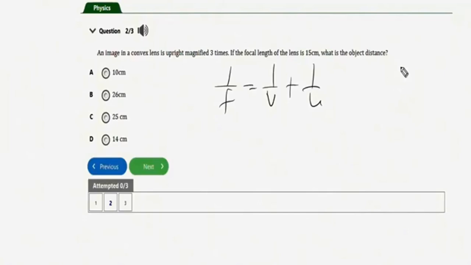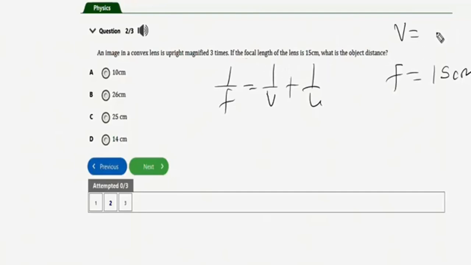So in this question, we have the focal length f to be 15 cm. Now, they are dealing with magnification. So the image distance v will be, they say the image in a convex lens is upright, magnified 3 times.